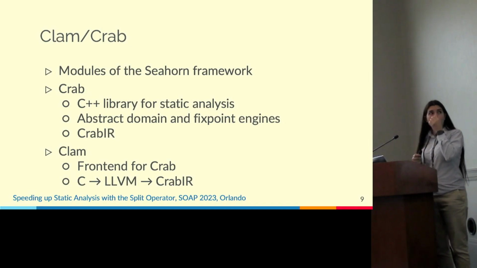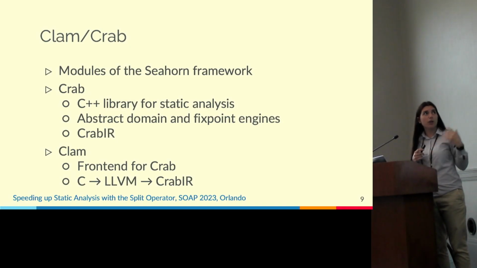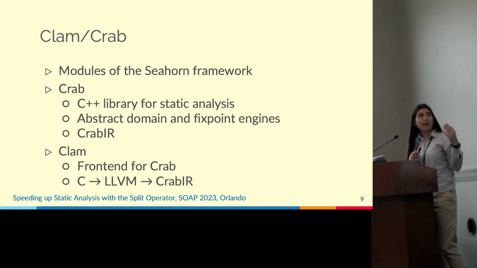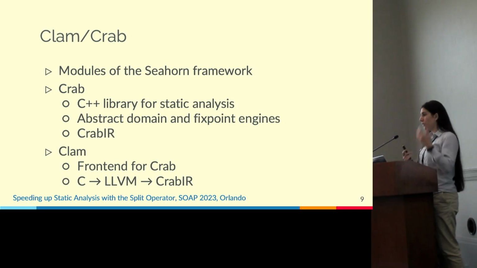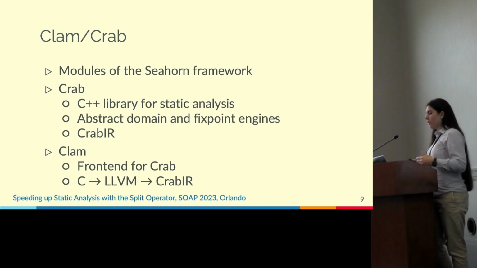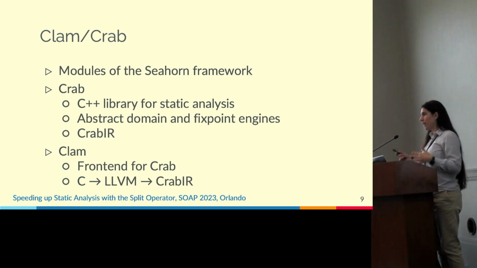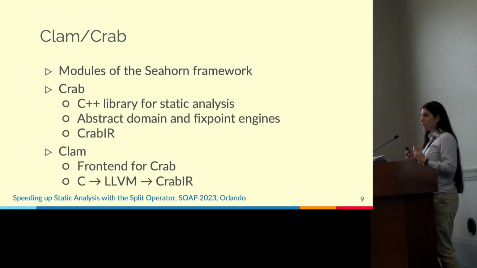So let's spend a few words about the tool in which we implemented and introduced the split operator. It's CLAM-CRAB, which are two modules of the SeaHorn verification framework. CRAB is basically the C++ library for static analysis that offers abstract domains and fixed point engines, and it has its own intermediate representation, which is called CRAB-IR.